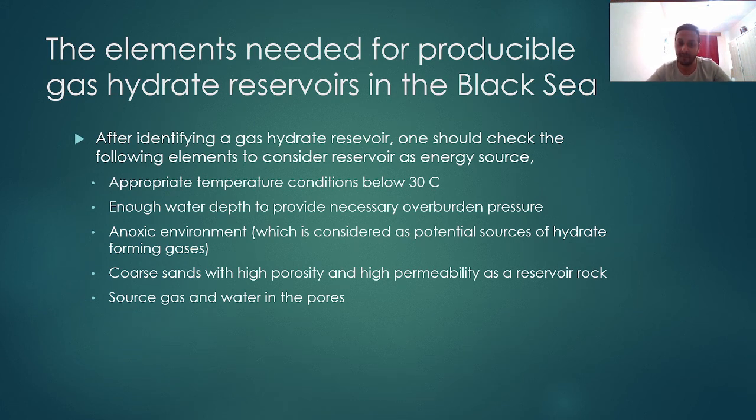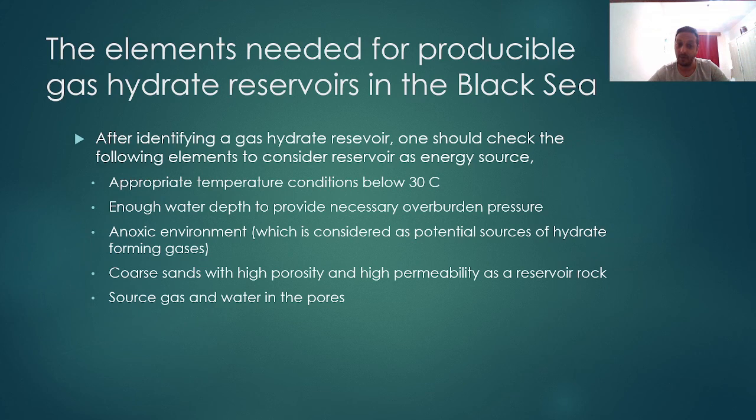Enough water depth to provide necessary overburden pressure. So as we said, high pressure and low temperature. Anoxic environment, which is considered a potential source of hydrate forming gases. As we see, the Black Sea is one of the seas in the world that has an anoxic environment.